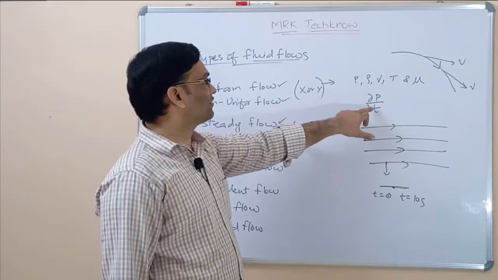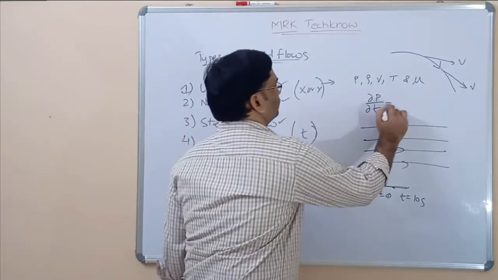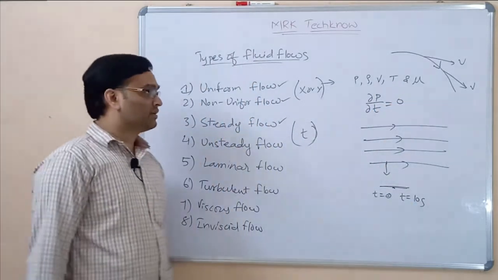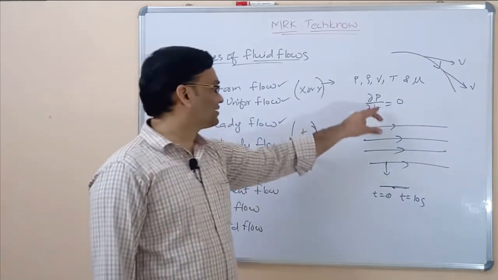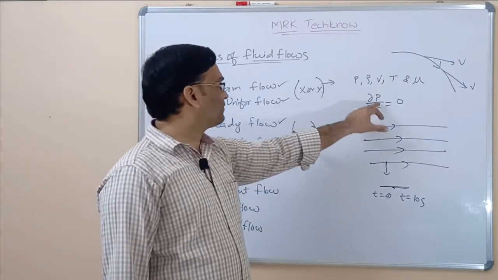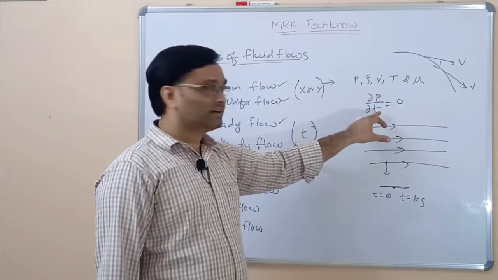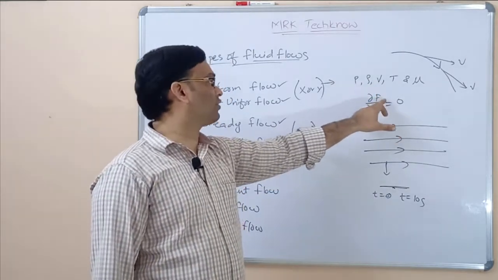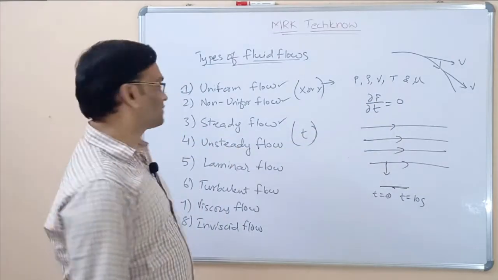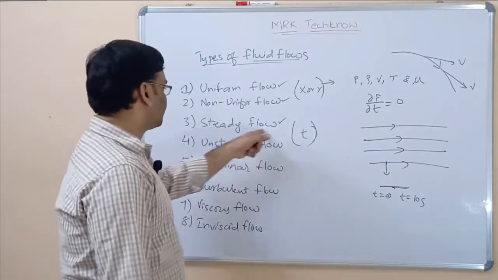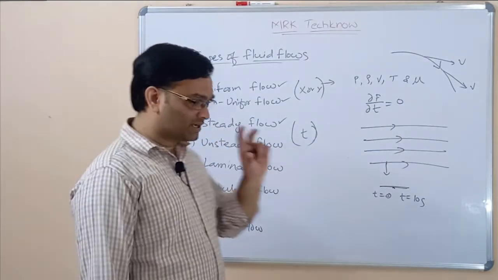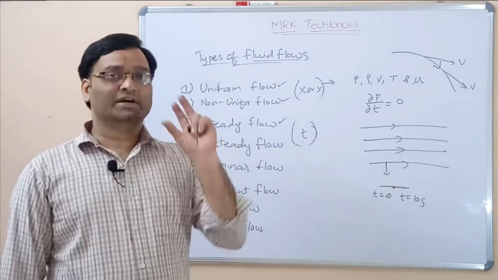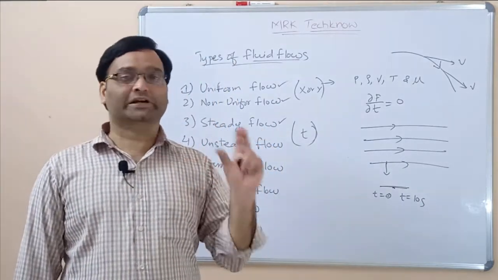The differentiation of a constant is 0. Hence, if any property differentiated with respect to time gives 0, then that property is remaining constant with respect to time, and you can call it a steady flow. So the condition is that fluid properties should not change for a given period of time.